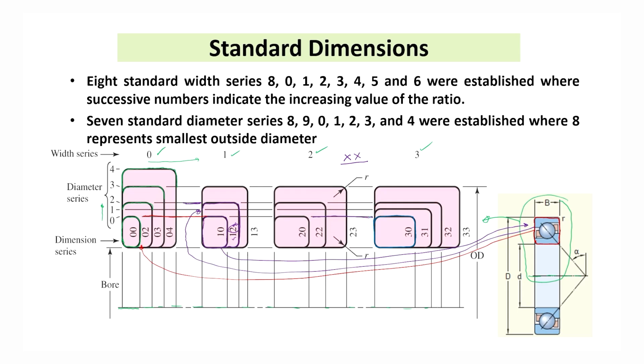See the difference between all these: 0, 0, 1, 0, 2, 0 and 3, 0. In all the cases, the diameter series is 0, so the same outside diameter will be there. But as the width series is changing from 0 to 1 to 2 to 3, the width is increasing. This width B will be increasing.